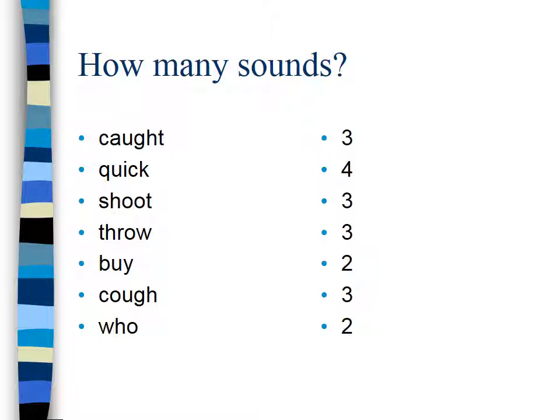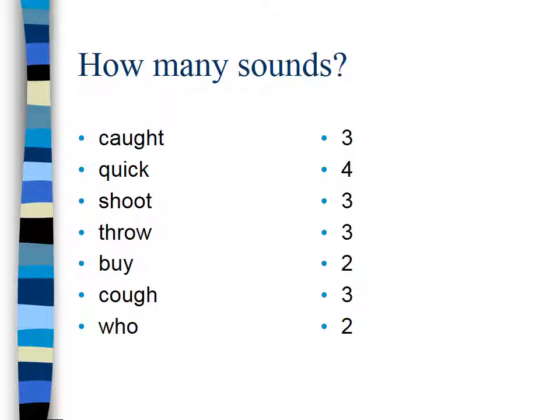We have quick, which is 4 sounds. K, w, I, k. Shoot, sh, u, t. 3 sounds. Throw, th, o. 3 sounds. Buy, b, I. 2 sounds.